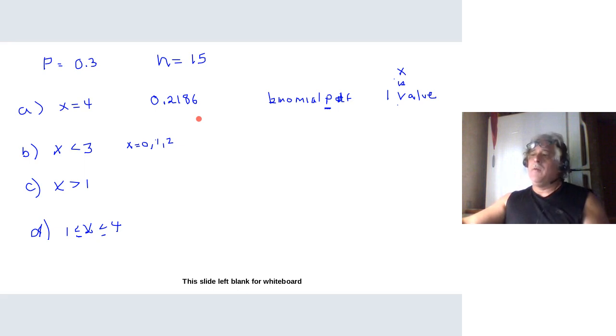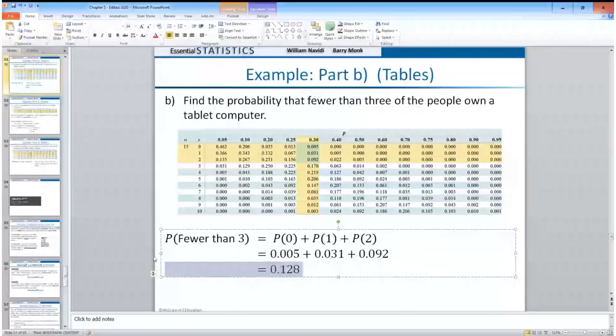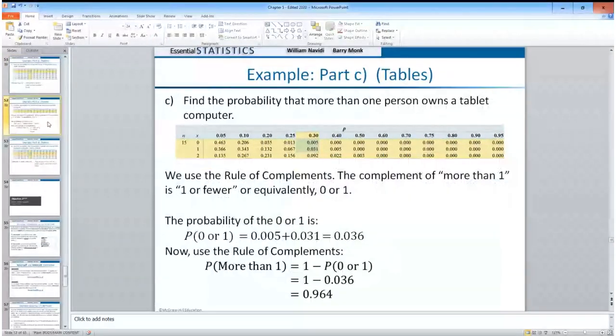See that? I mean, this was from the table, and sometimes the table won't be as accurate, but in this case, they are, okay? All right, now here's where we got to watch out on the third one, because you could do them individually, but there would be a lot of them to do, because it says fewer, 1 or fewer. All right, no, I'm sorry. More than 1.